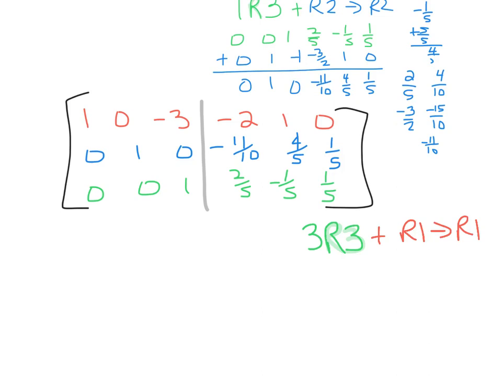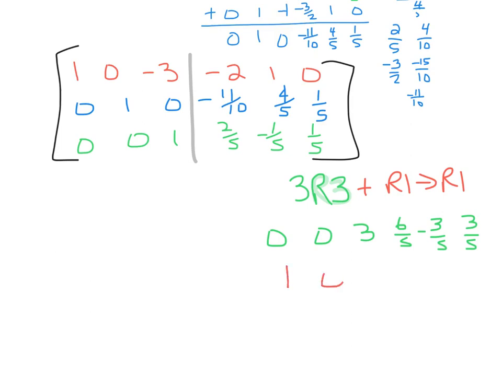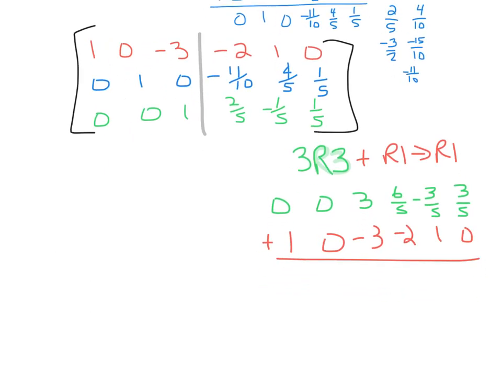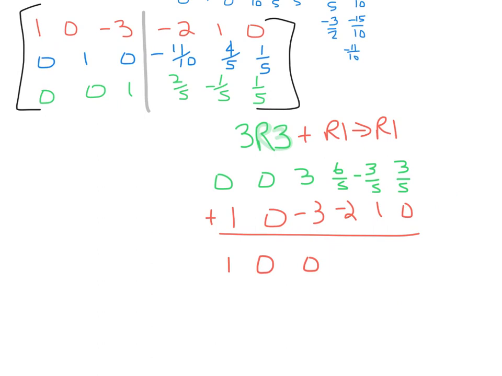So row 3 multiplied by 3 gives me 0, 0, 3, 6/5, -3/5, and then +3/5. I'm adding that to 1, 0, -3, -2, 1, and 0. 1, 0, 0. So 6/5 minus 2/1.